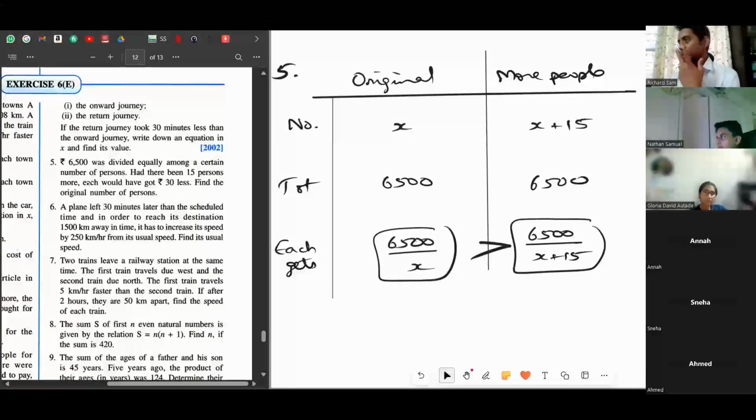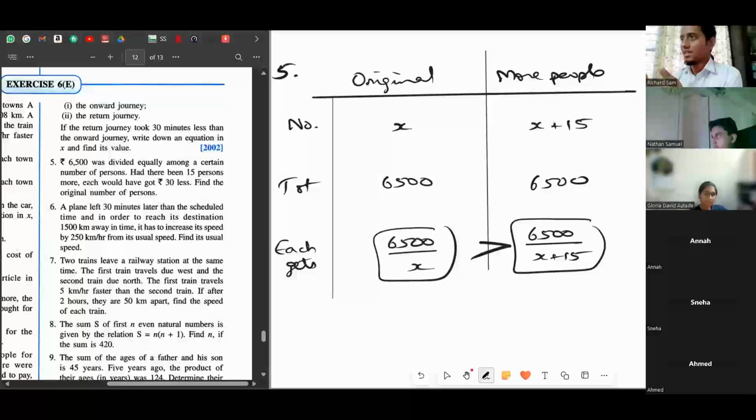See, there are two ways to understand this. First, if the denominator is bigger, that value is smaller. Here the denominator x plus 15 is bigger than x, no? Second, when more people were added, each of them got 30 rupees less.